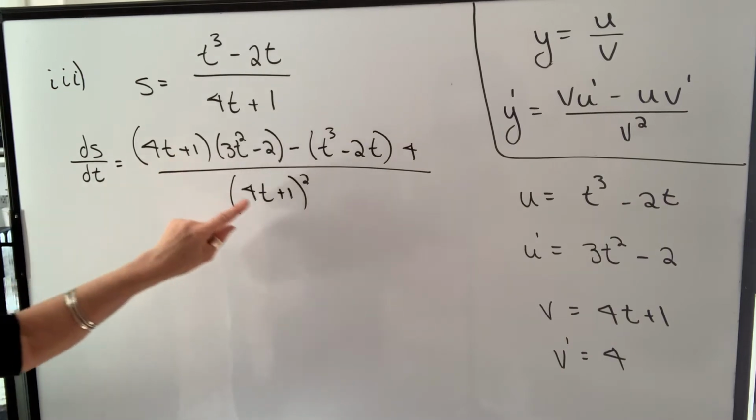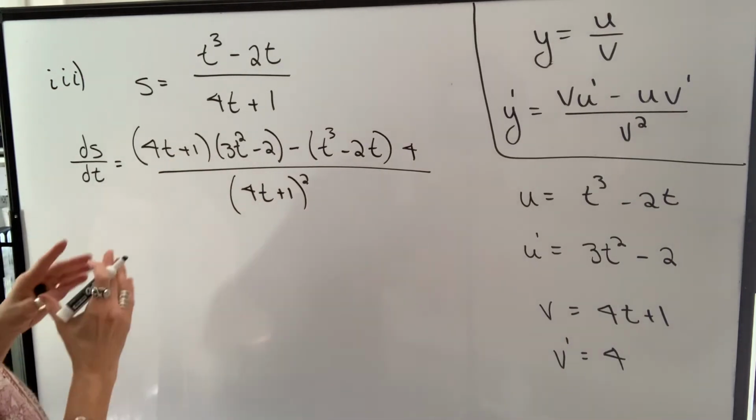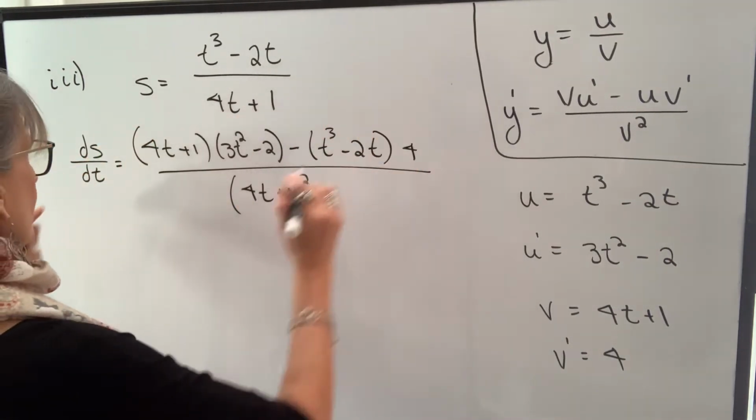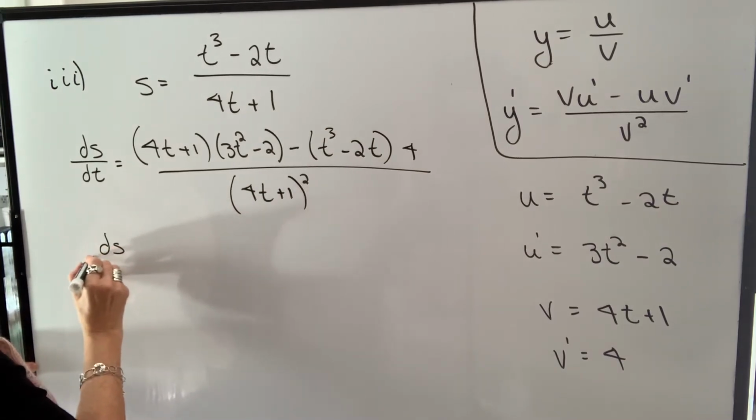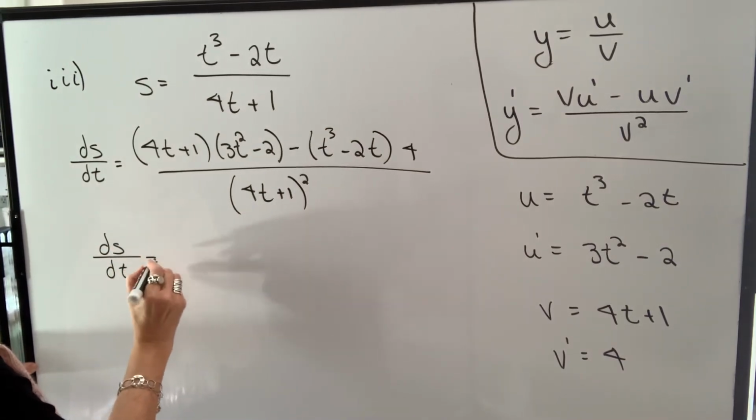Again, we cannot cancel that 4t plus 1. What we can do is simplify our numerator by expanding and combining like terms.